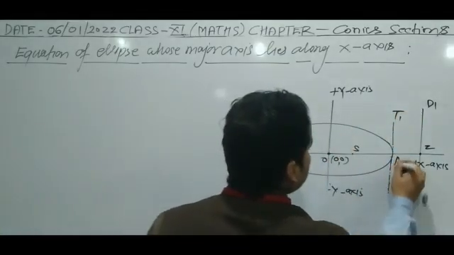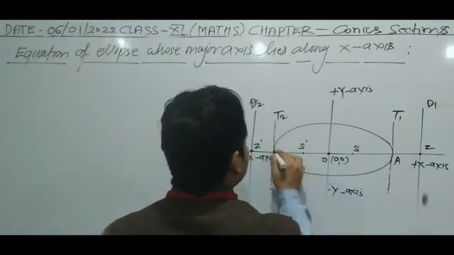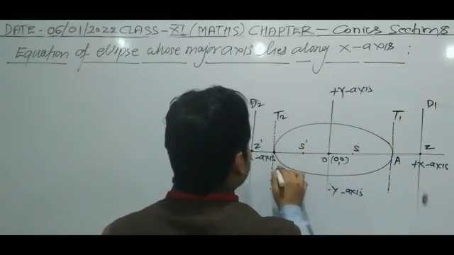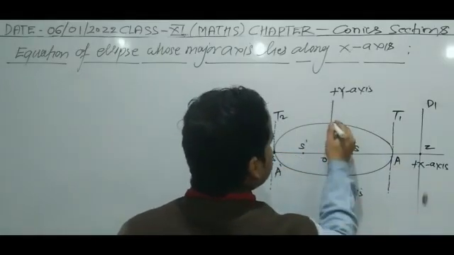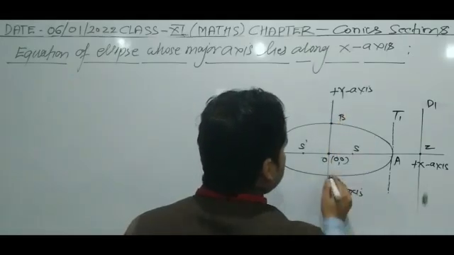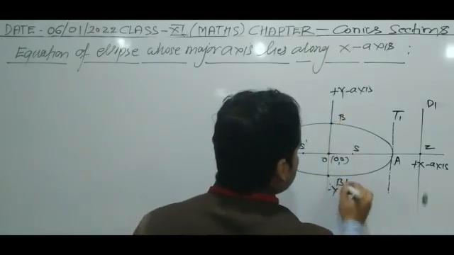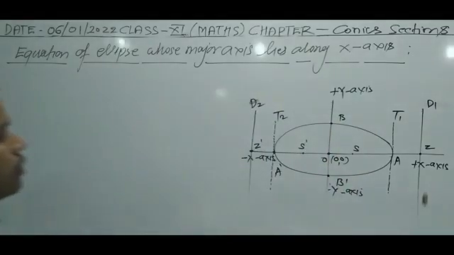Now this is the point capital A, this is the point capital A dash, this is the point B, and this is the point B dash.